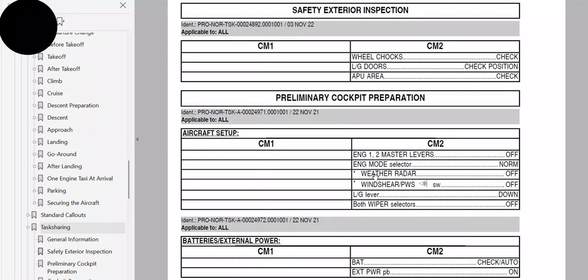For example, you fly from Frankfurt to Vienna, and before the first flight you check and do all, and then on the flight back from Vienna to Frankfurt you do only the items marked with the asterisks.